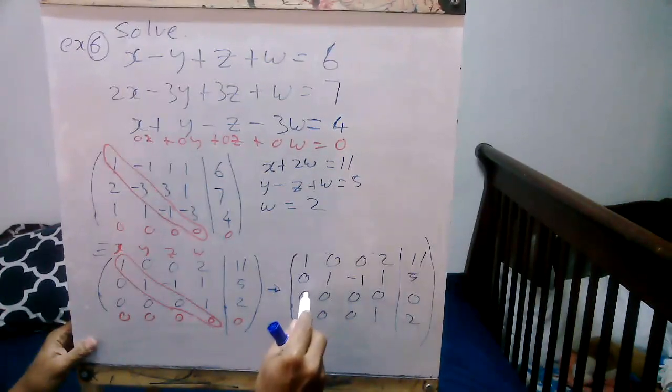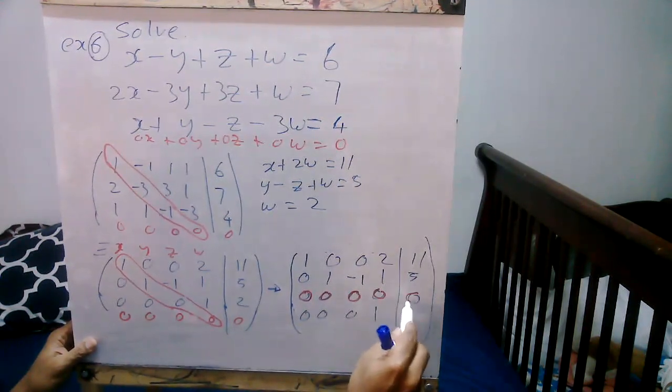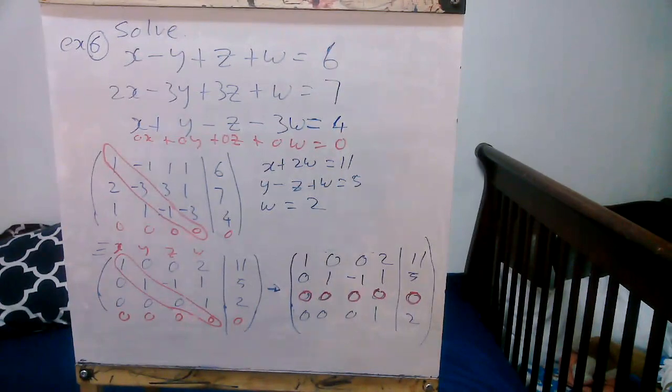So this 4th row, I swap with the 3rd and 4th rows. I swap 3rd and 4th rows.